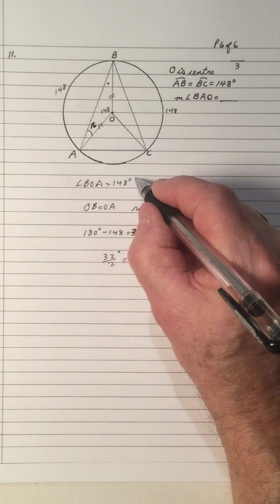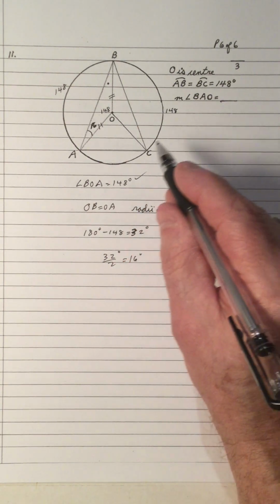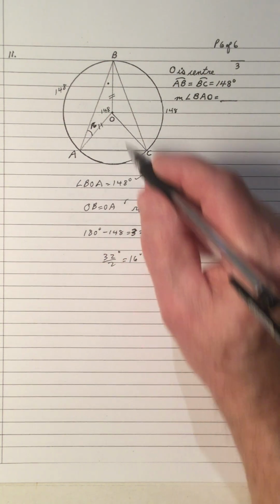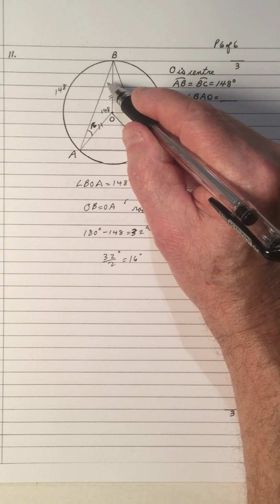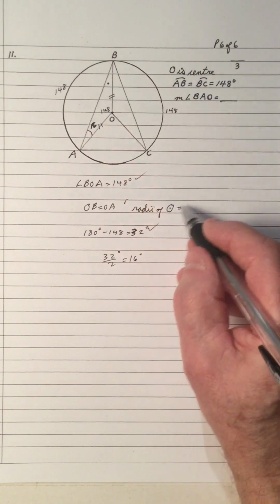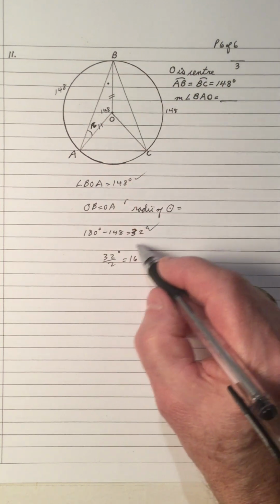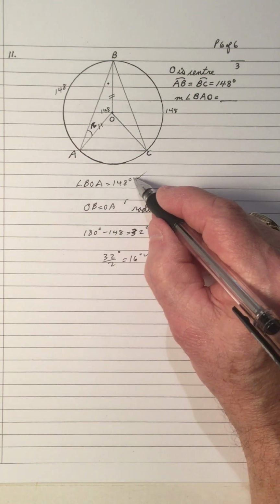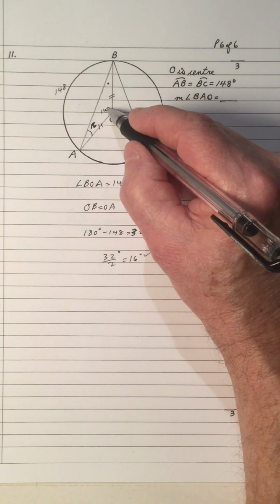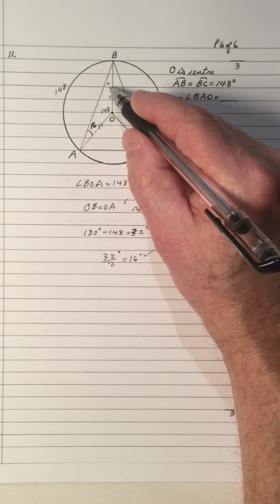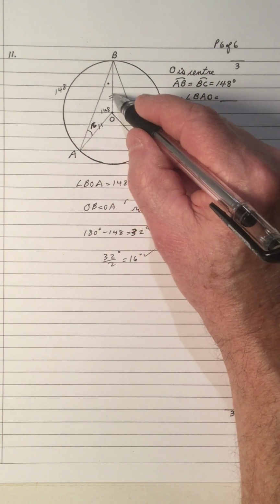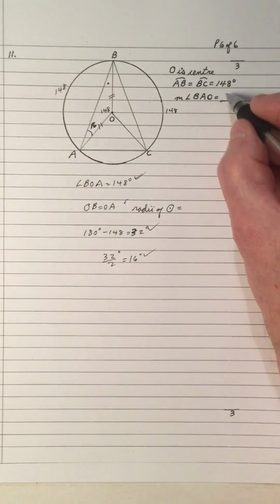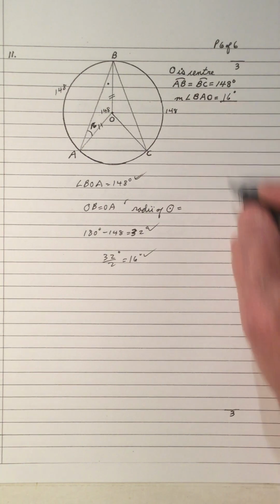If you said the central angle was 148, and you said the radii were equal, making the angles equal, and came down to get 32, and divided by 2 to get 16, that's 3 marks.